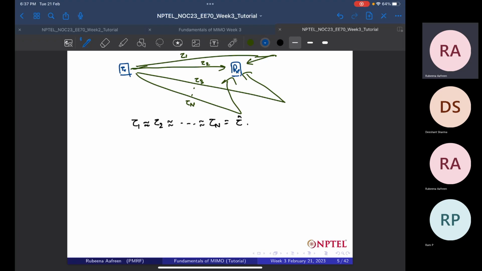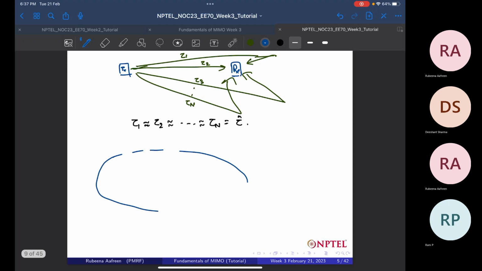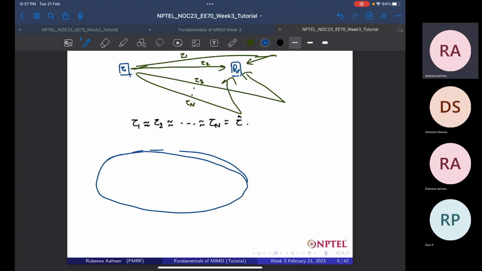So can we say that the transmitter and receiver are located on the two foci of the ellipse? So what happens is that any reflection happens, the total delay would be the same, right?